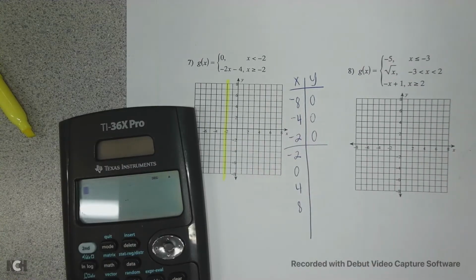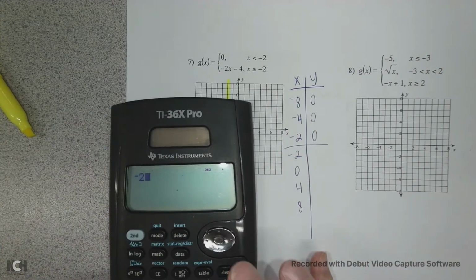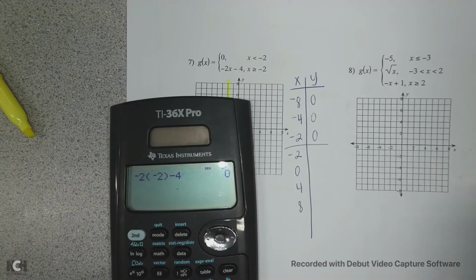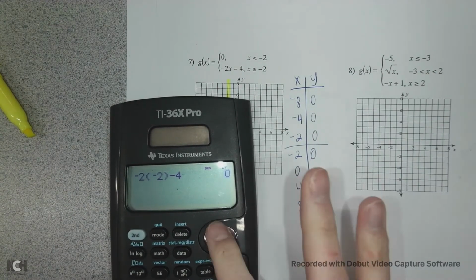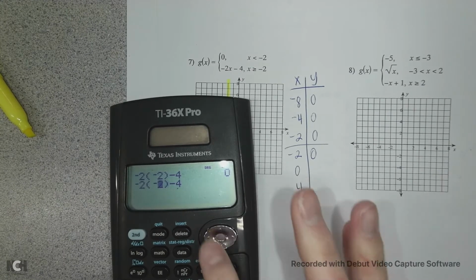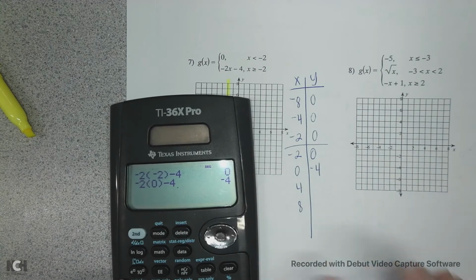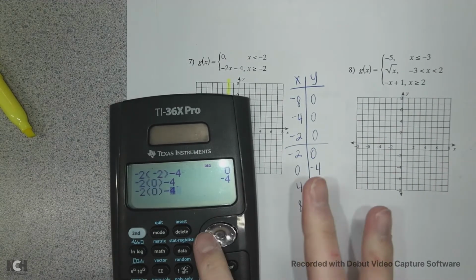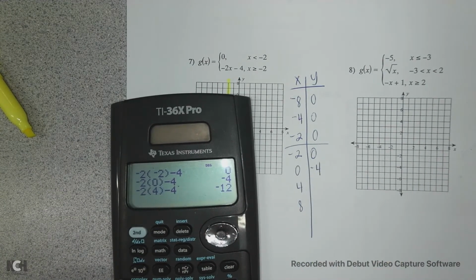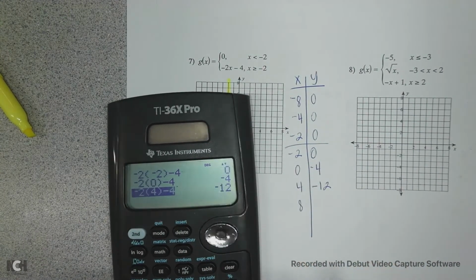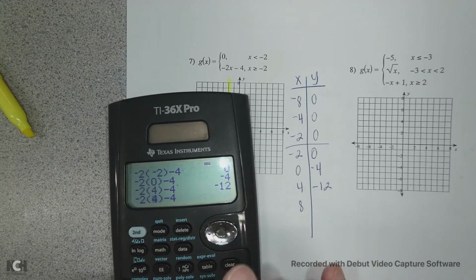Okay, so now we have -2 times -2 minus 4, 0. Then we have 0. And we have 4, -12. And then again, oh, too far. And then we've got 8.